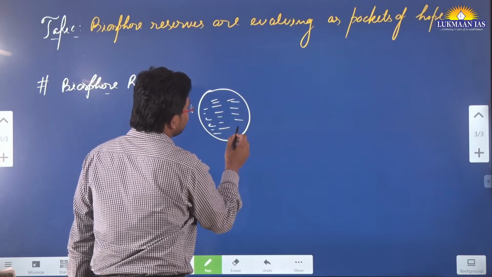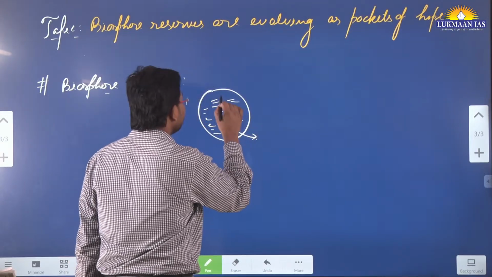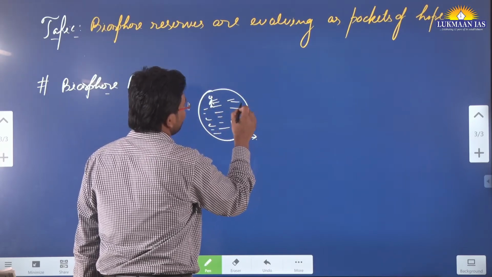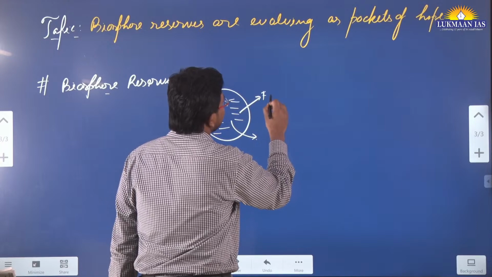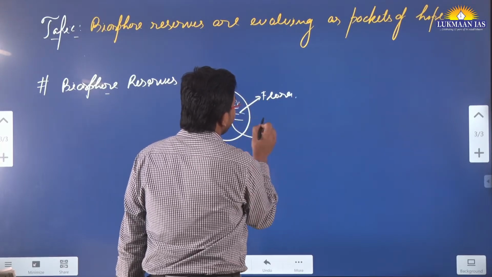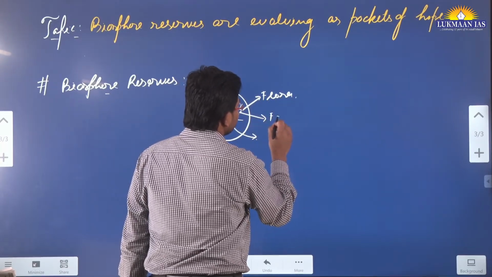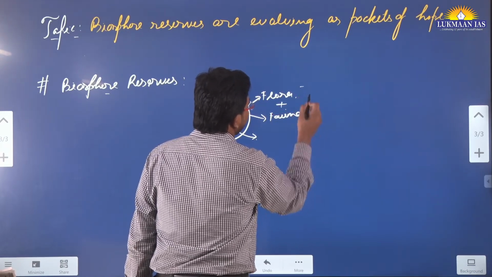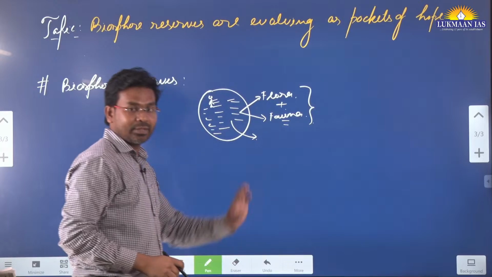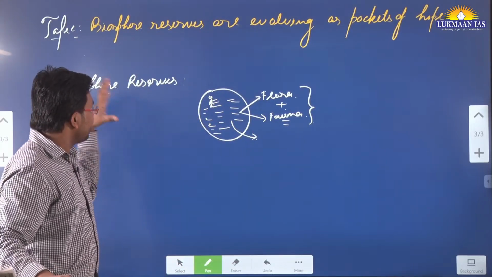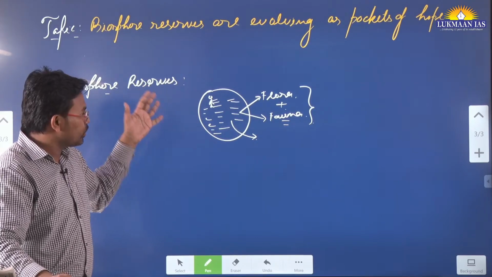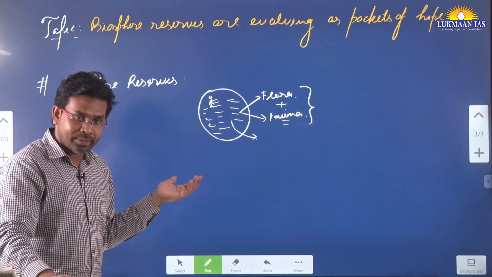For example, biosphere reserves can be those places where we have a variety of fauna and a variety of flora also, meaning we find forests and animals. Their varieties are found, and if we declare a particular place to be a biosphere reserve, then we also take protection measures.